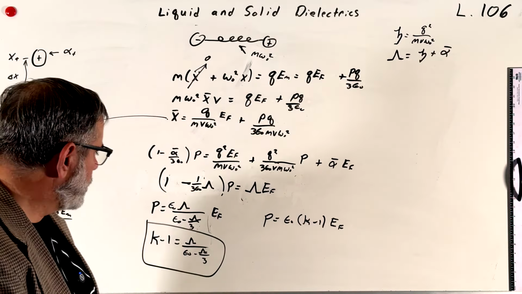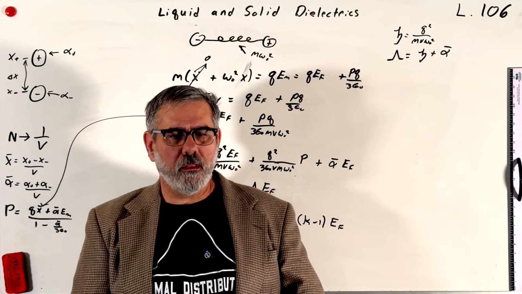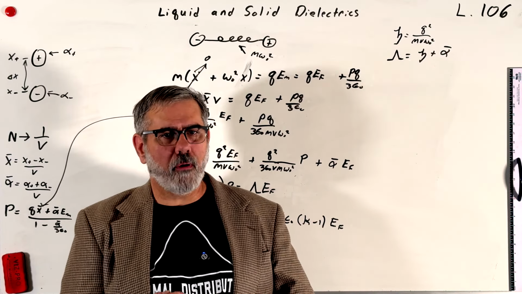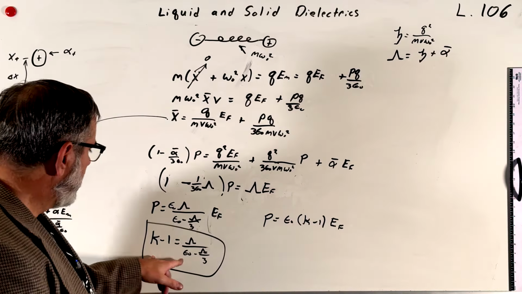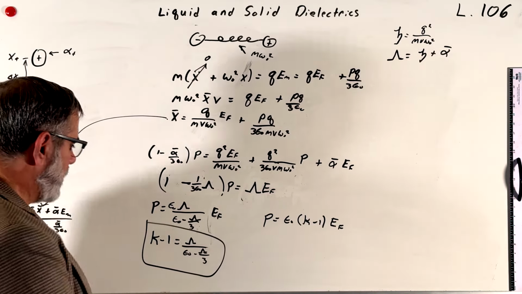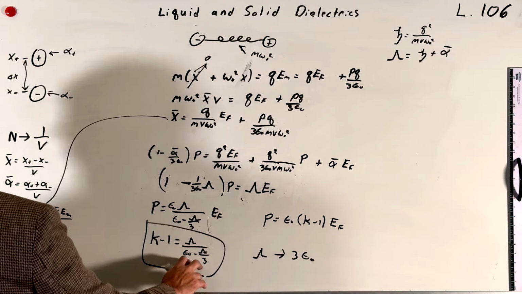And this is relevant for a certain type of material called ferroelectric materials. These are materials that are crystalline structures that maintain a permanent polarization. And what's interesting is, as this delta approaches 3 epsilon naught, what happens here in the denominator of this guy?